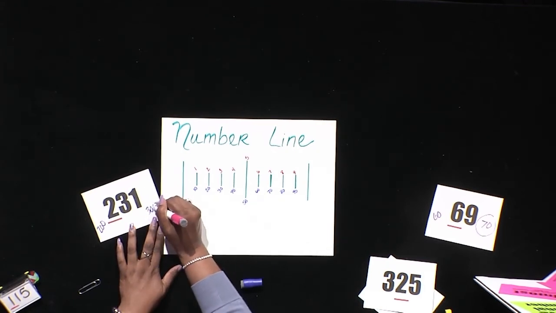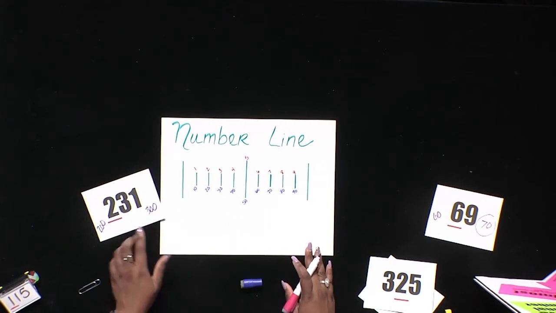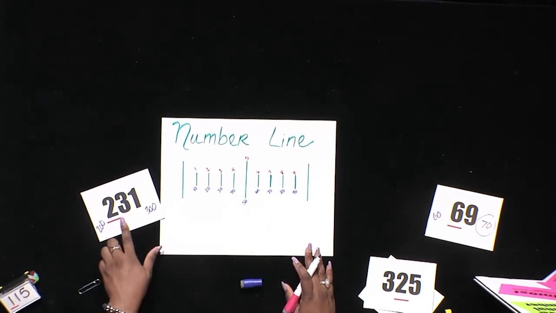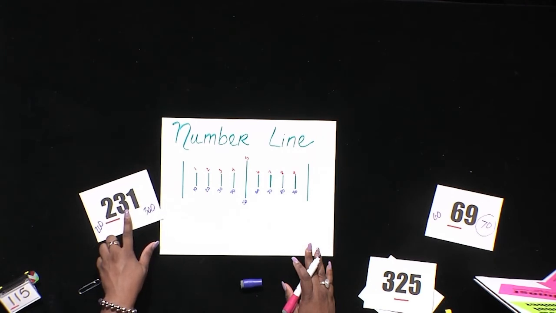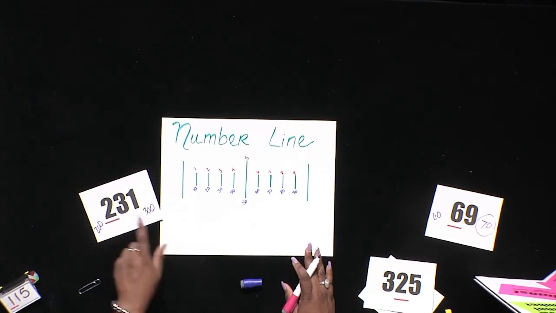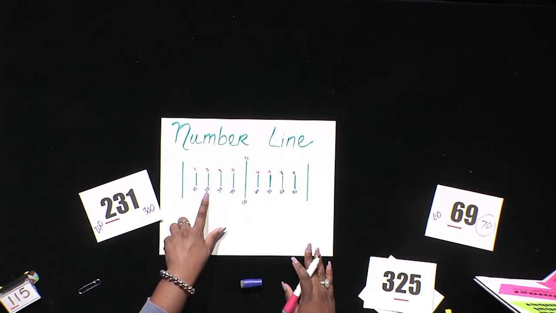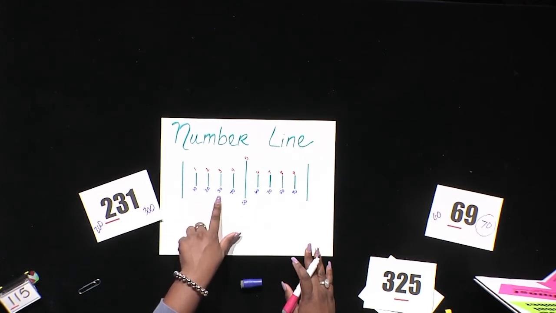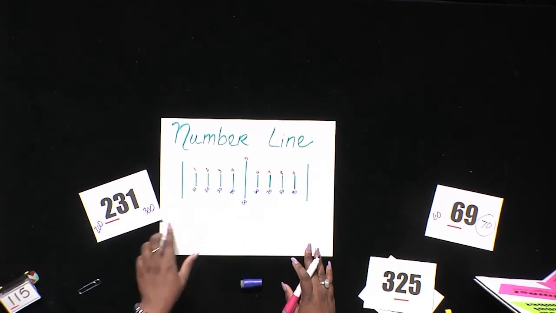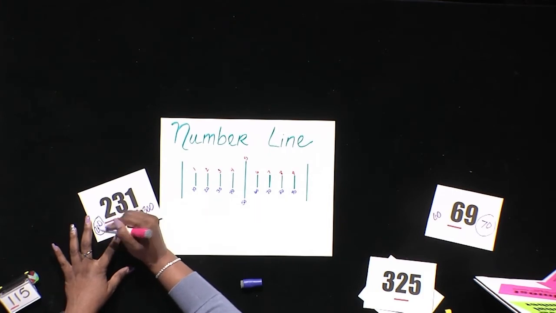Good. 300. What's directly behind my 200? 30. Okay, so let's move. 10, 20, 30. Good. What is it nearest? 200. Awesome.